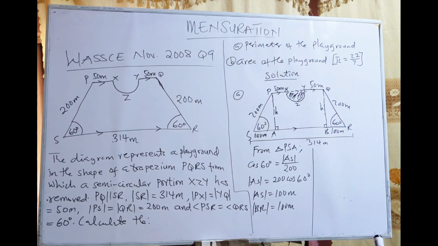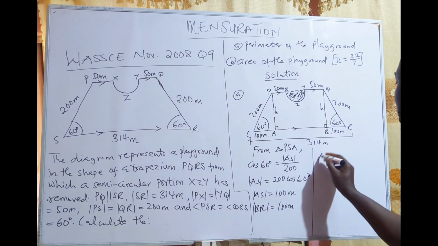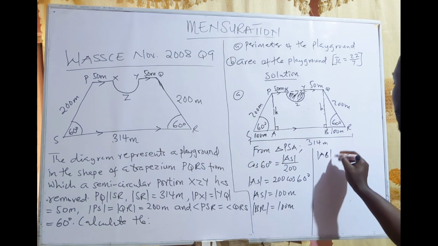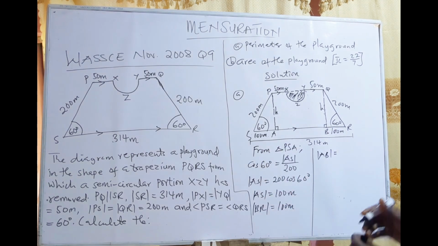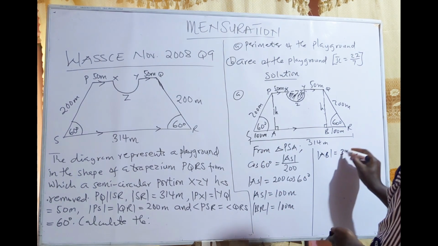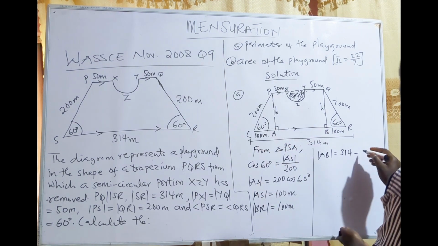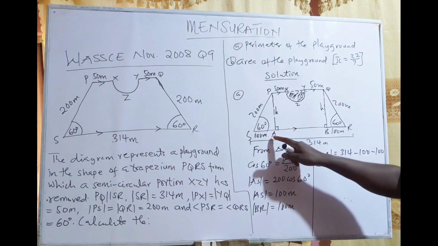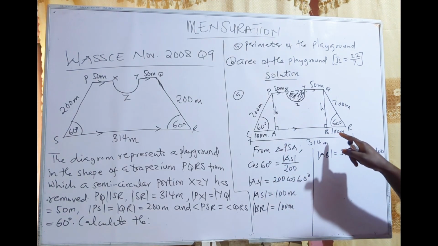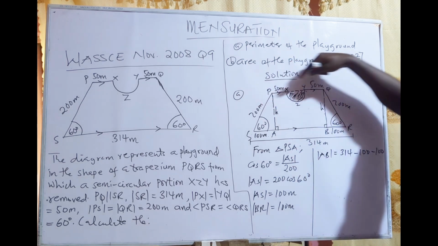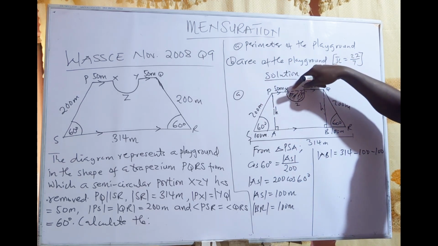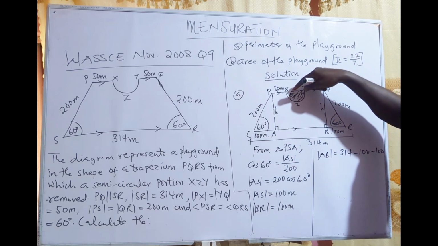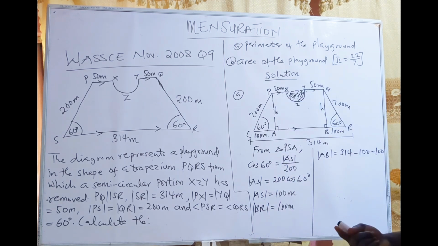So what will be the length AB? From A to B will be 314 minus the 100 here minus another 100. So that I get AB the same as PQ, and I can find the XY, which is the diameter of the semicircle, so that I can get the radius.